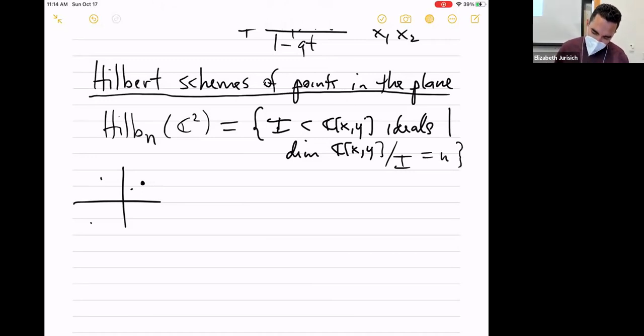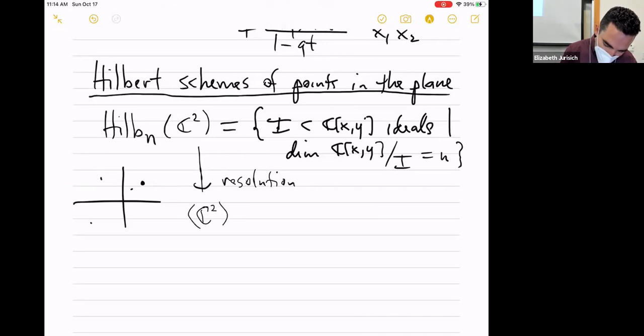Okay, and basically if you think of that collection of points as a subvariety of the plane, this is its vanishing ideal. So that's what's supposed to be going on. Okay. So it turns out this Hilbert scheme is a smooth variety in this case. It has that structure, and it provides a resolution, a particularly nice one, of a quotient singularity.